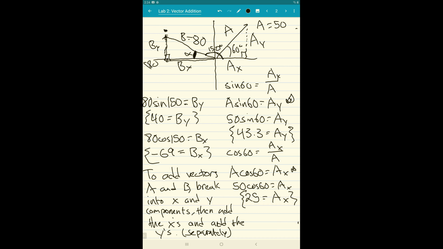That doesn't look like the word separately, but you get the idea. X's and y's cannot add to each other. X's and x's add, y's and y's add, but x's and y's cannot add each other.